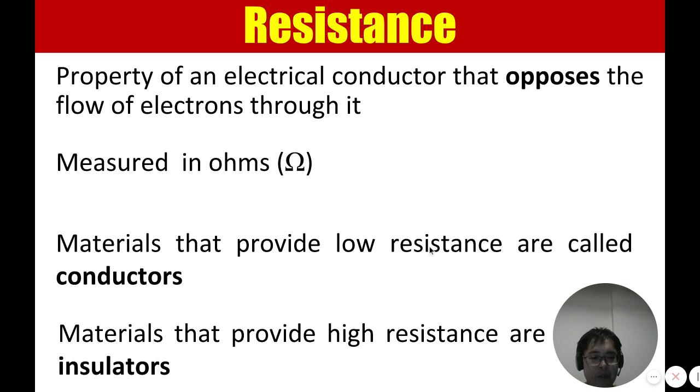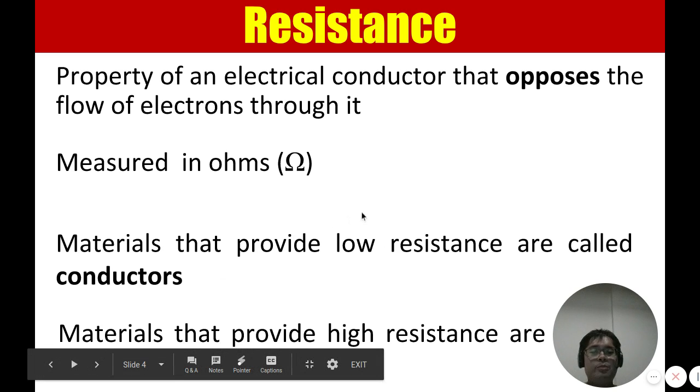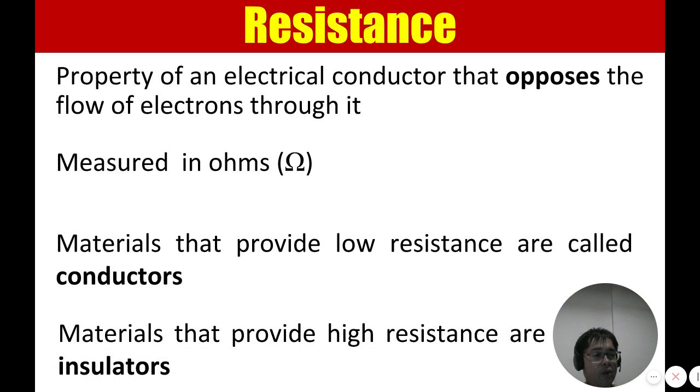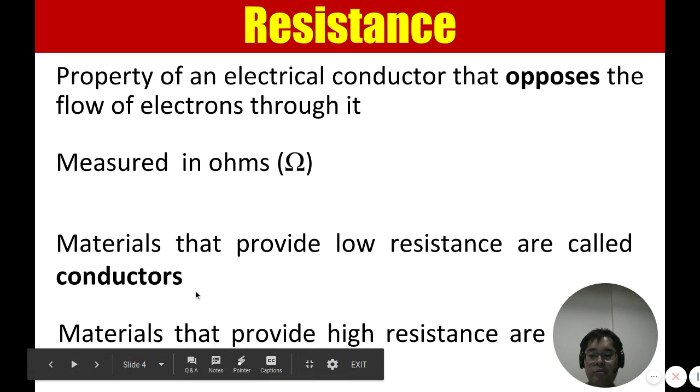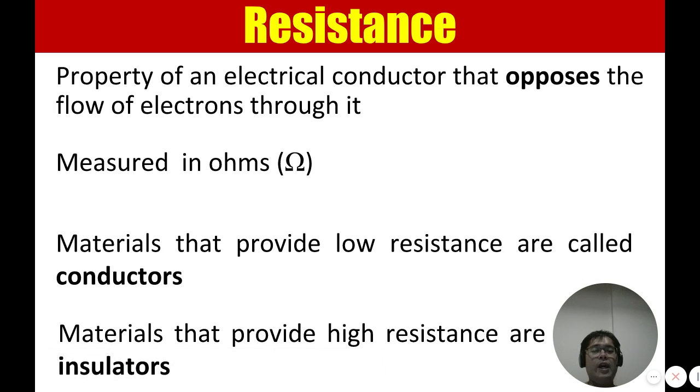Low resistance here means low opposition. A low opposition here means that the electrons will be able to flow more. So therefore, conductors are able to allow more electrons to flow to carry more heat and also carry the electrical charges. And the opposite holds true for materials that provide high resistance. And of course, if you have guessed, they are known as your insulators.